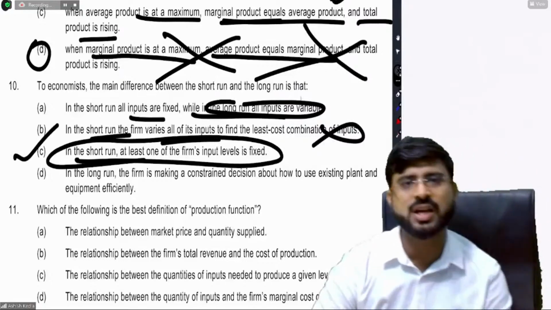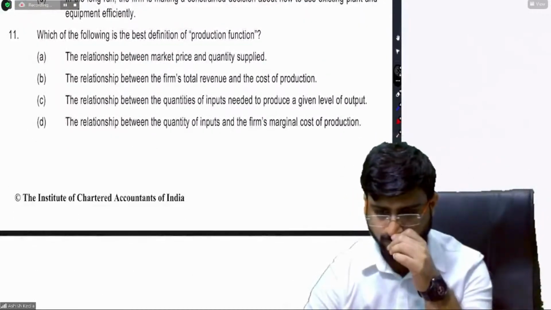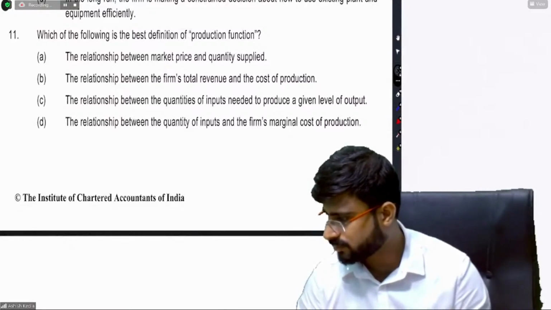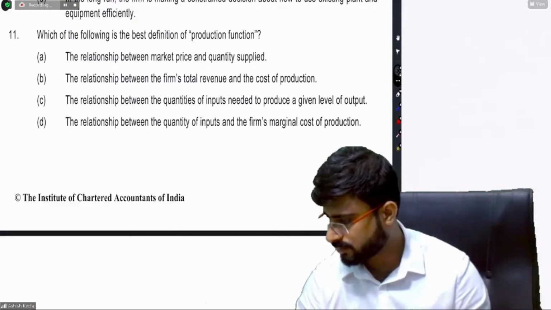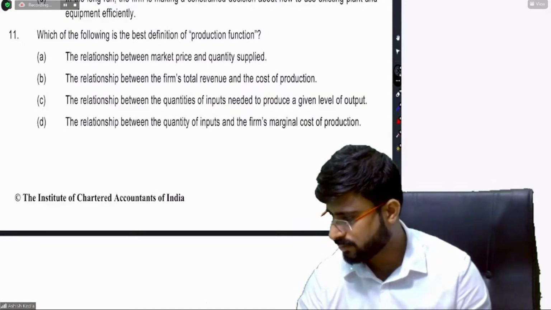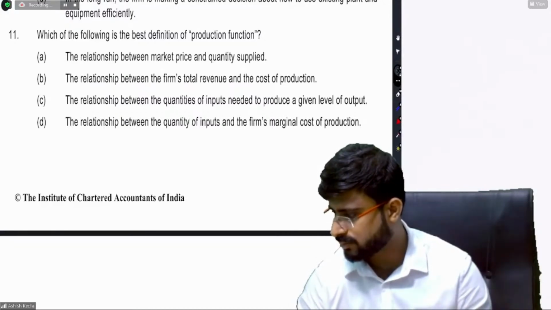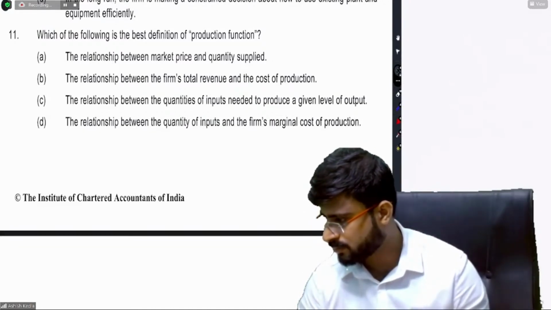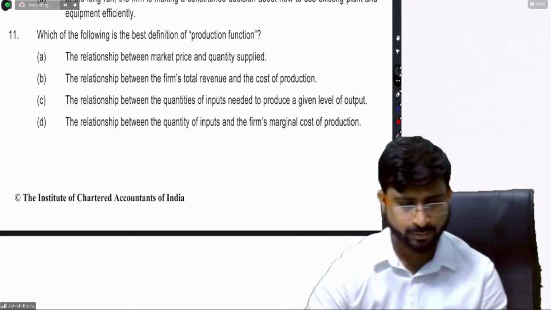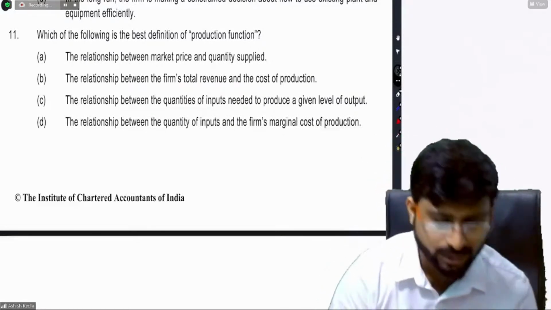Very good. 10C is the answer. Correct answer.